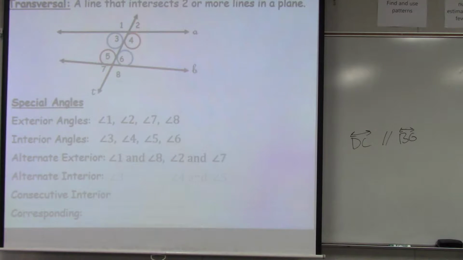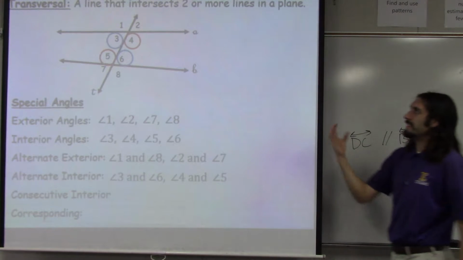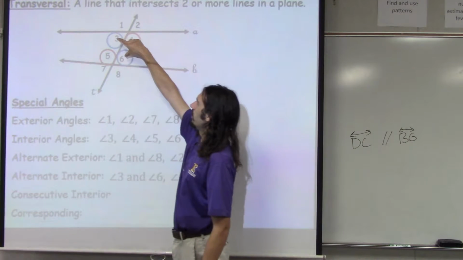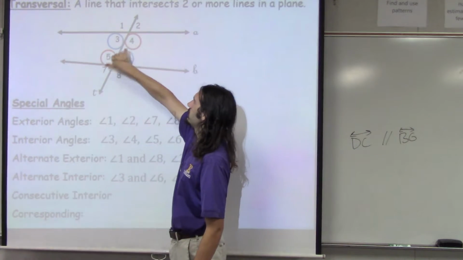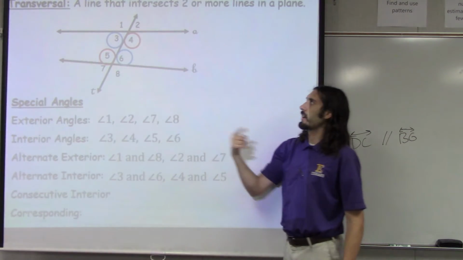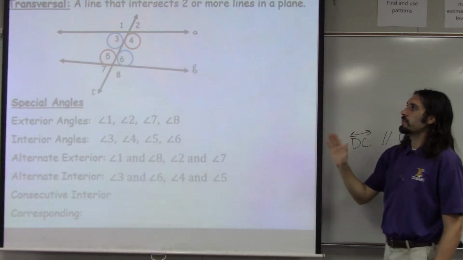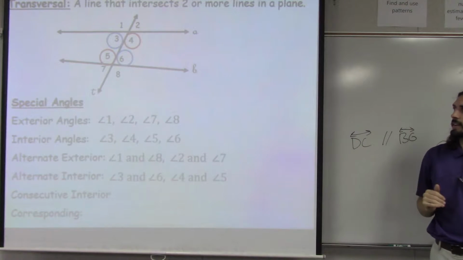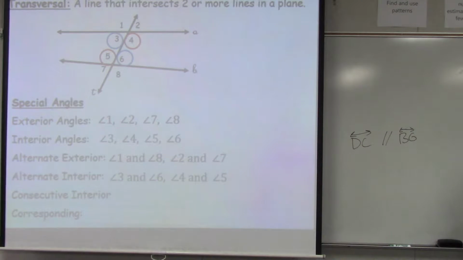Similarly, we also have alternate interior angles. So we're going to do almost the same thing. We're going to move inside our pair of lines, and we're still going to alternate on opposite sides of our transversal. So if we know where our transversal line is, in this case T, we've got one on each side. So we've got these groups of angles, and then we've got consecutive interior.